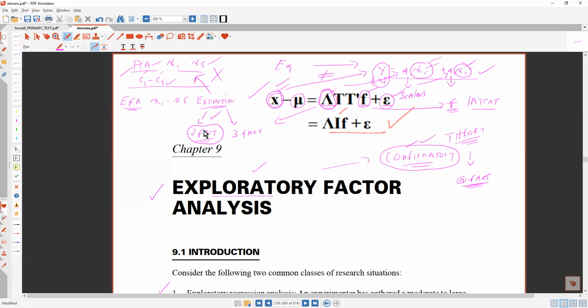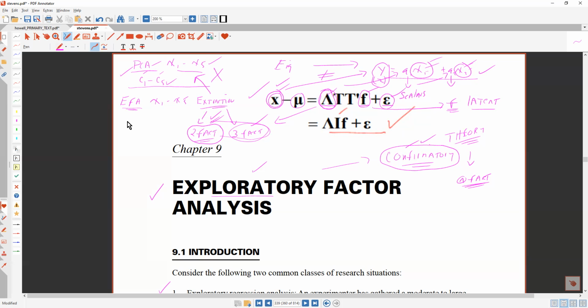You have to say, well, how many factors did you extract from the procedure? Did you extract 3 and keep 2? Or did you extract 2 and keep 2?